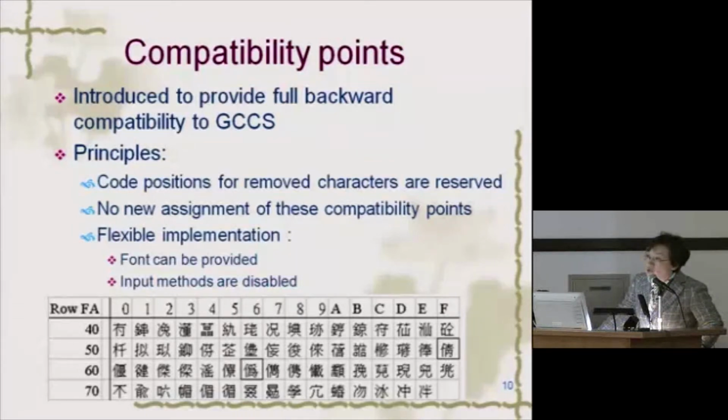But if they really want to, they know that this is the character they use, they can use internal code to access those characters. Fortunately, for those removed characters, we have never received any complaints after the HKSCS was published. So it was a good decision.